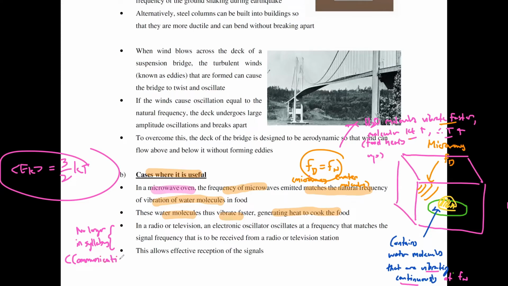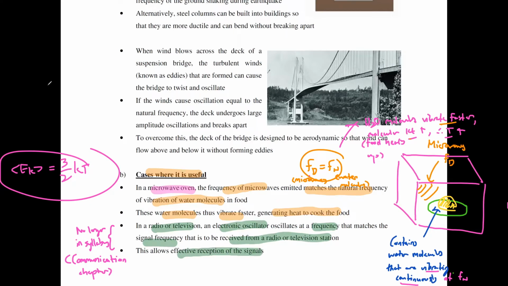In general, for a radio or television, you have an electronic oscillator inside that tends to oscillate at a frequency that matches the signal frequency to be received from your radio or television station. So this allows effective reception of your signals.